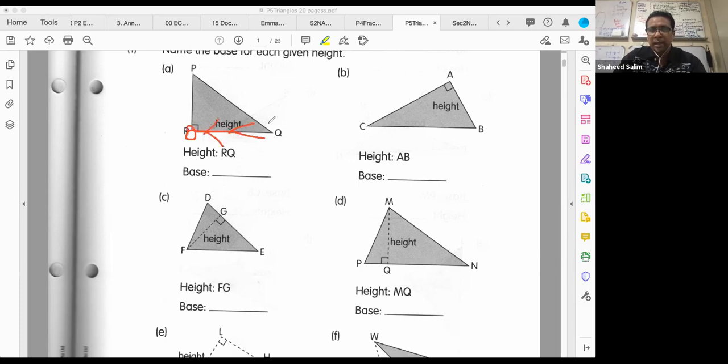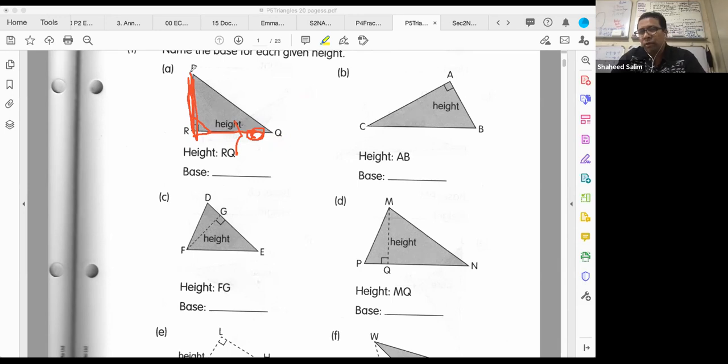Because this one is slanted. We do not want slanted. We want it to be straight. So because of that, we draw the man like this. You see? Can you see now the land is straight now, 90 degrees. So this is the base.